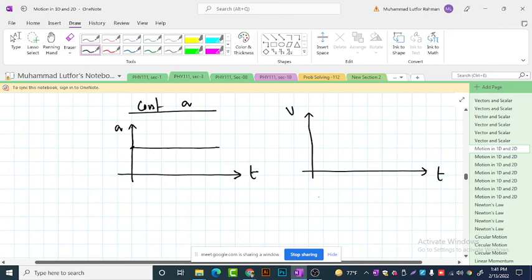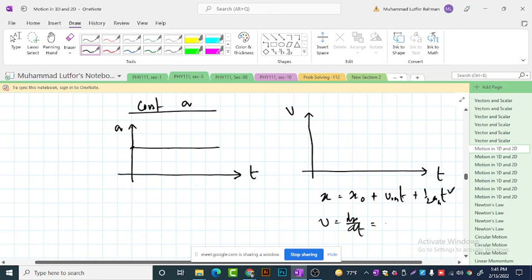For the velocity versus time graph, I know the general equation, x equal to x naught plus v naught x t plus half of a x t square. So for the velocity versus time graph, I take the first derivative of this equation, dx over dt.